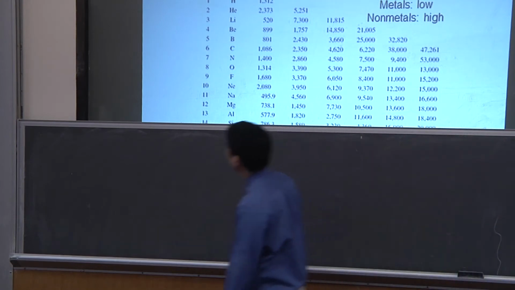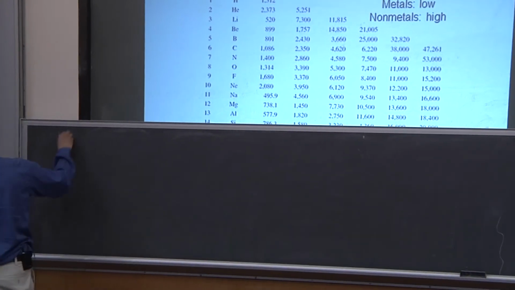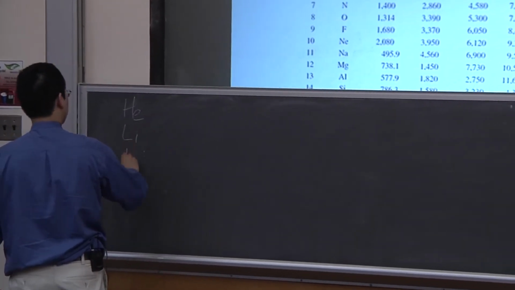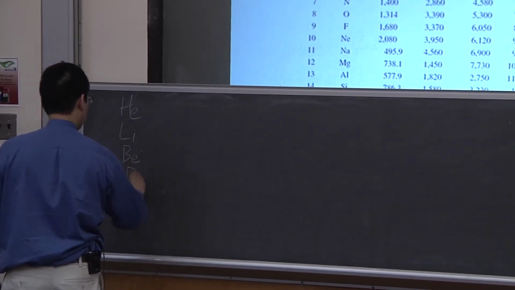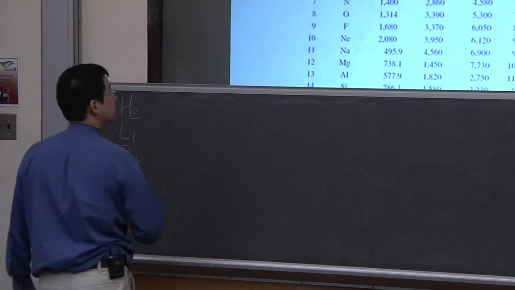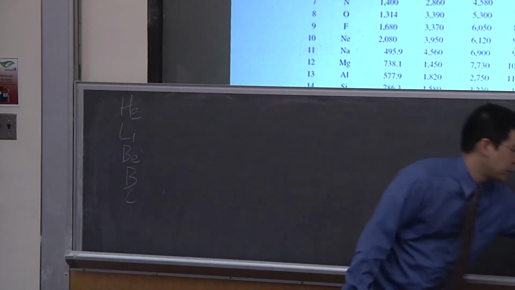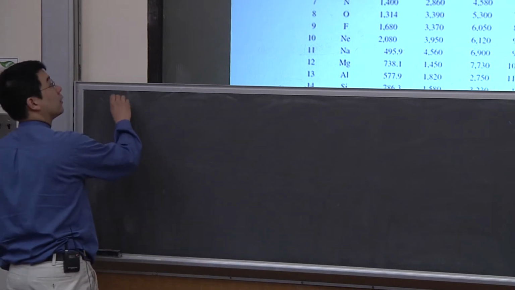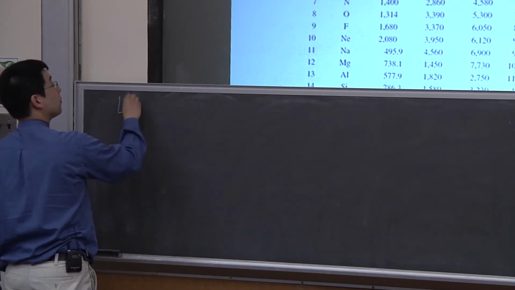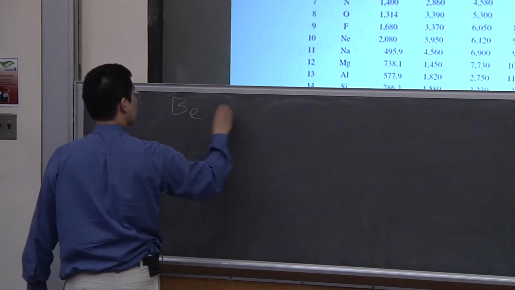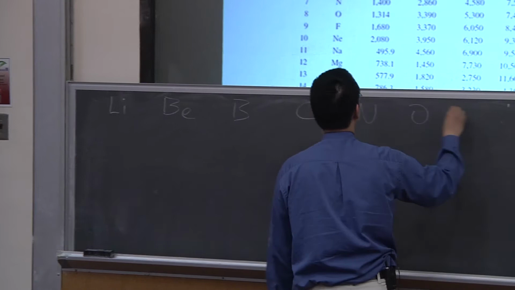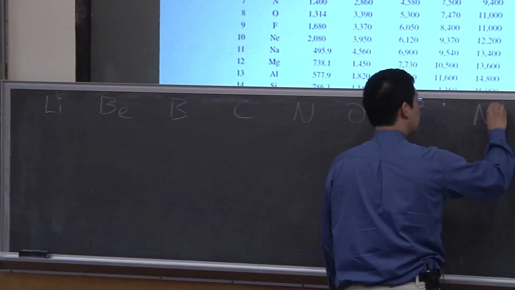Let's go across a row. Right, so we get lithium, beryllium, boron, carbon, nitrogen, oxygen, fluorine, and neon.